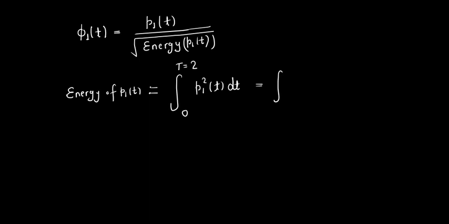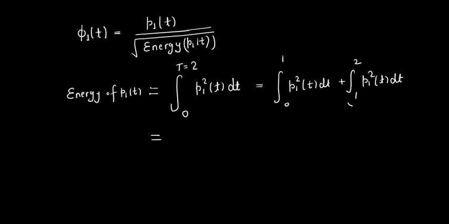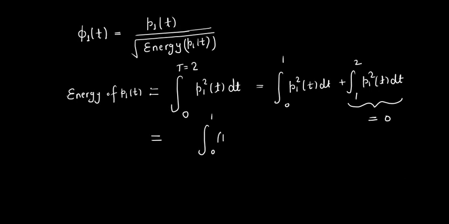So you have to also subdivide your integral. Yes or no. P1(t) for 0 to 1 is 1 and for 1 to 2 is 0. So the second term will become 0, and in the first term, from 0 to 1, P1(t) is 1.